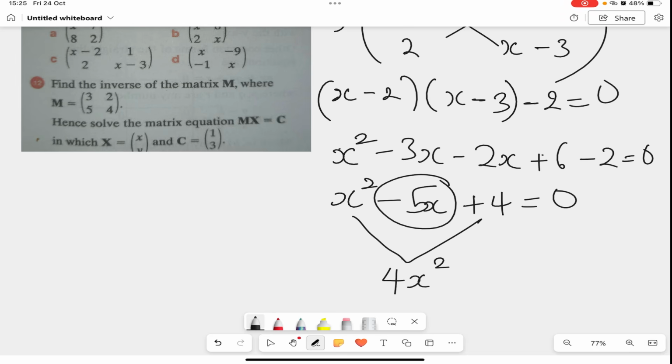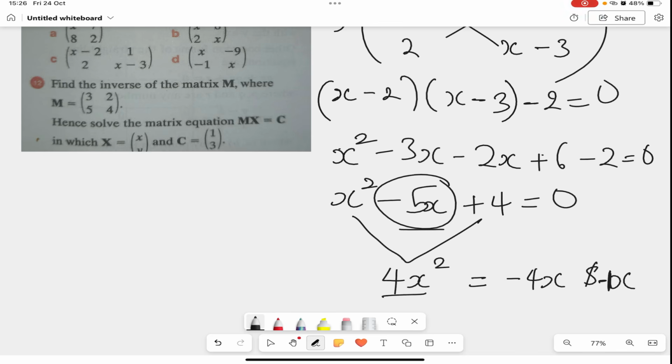So find two numbers that will do that. So if you check, I think minus 4x and minus 1x. If you add both, you have minus 5x. If you multiply both, you have 4x squared.